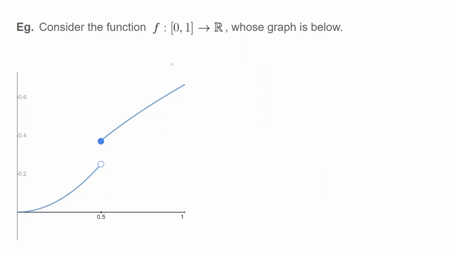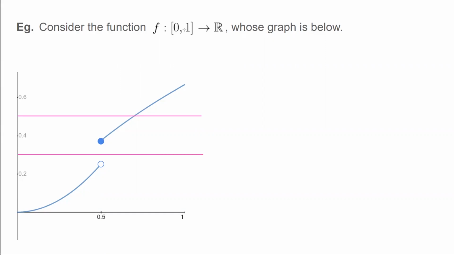But let's make the problem a little bit more explicit. I'm going to check that the inverse image of an open set is not always open. Remember, the open sets on the real line are open intervals. So I'm going to start with this number right here, good old 0.5, and this number right here, good old 0.3.